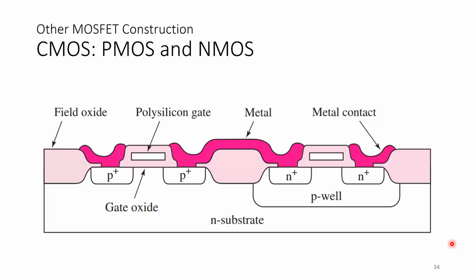CMOS is complementary metal oxide semiconductor circuits, which is a combination of PMOS and NMOS. It simply says that in the circuit there is PMOS as well as NMOS. You will see a lot of the semiconductor industry talking about their CMOS technology. It simply means that they are fabricating both PMOS and NMOS, and that is the circuit design approach for digital modules as well as analog circuits.